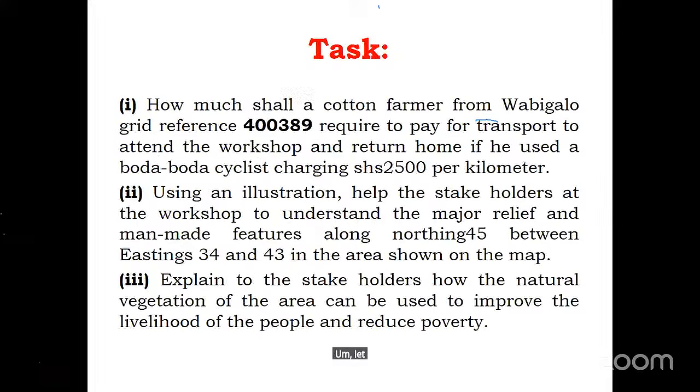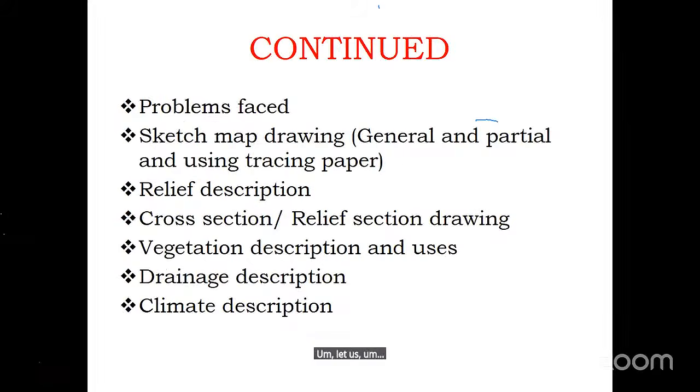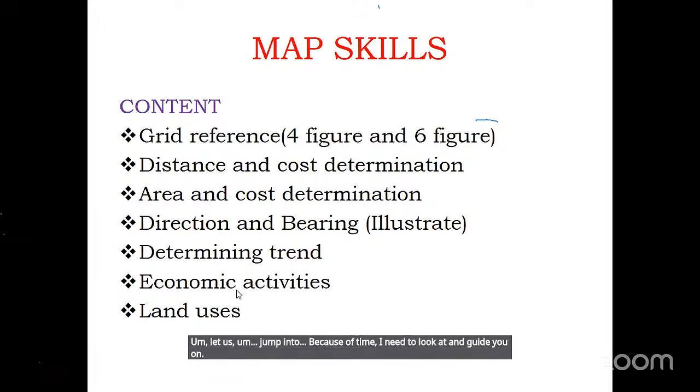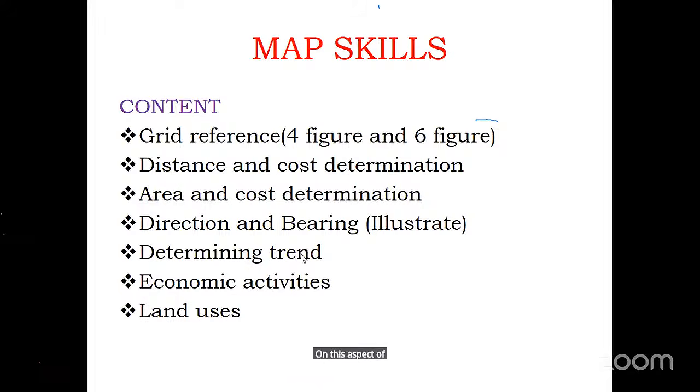Let us jump into, because of time, I need to guide you on this aspect of trend. Trend is given in degrees. Of course, we have talked about trend. You identify the feature for which the trend is to be stated. You join the 2 points.